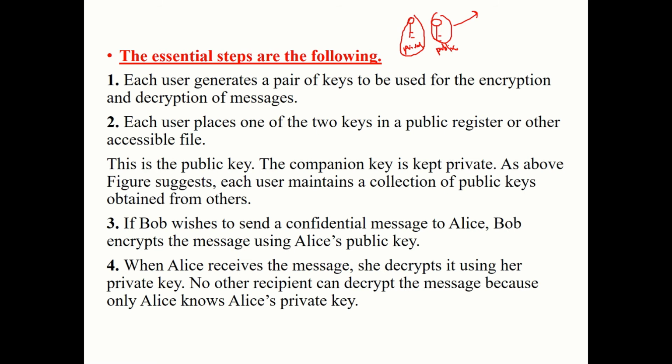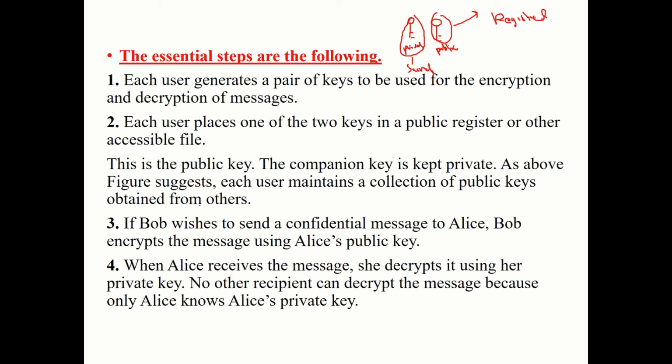And these 2 keys can be used to decrypt or encrypt the message. So the key could be registered in the public directory. Now, this one is secret. The private key is kept secret.